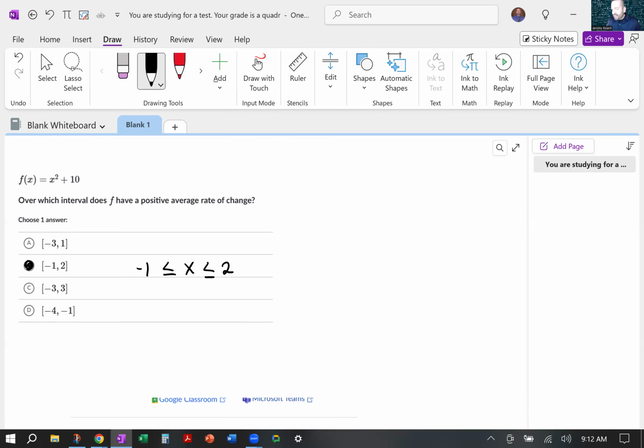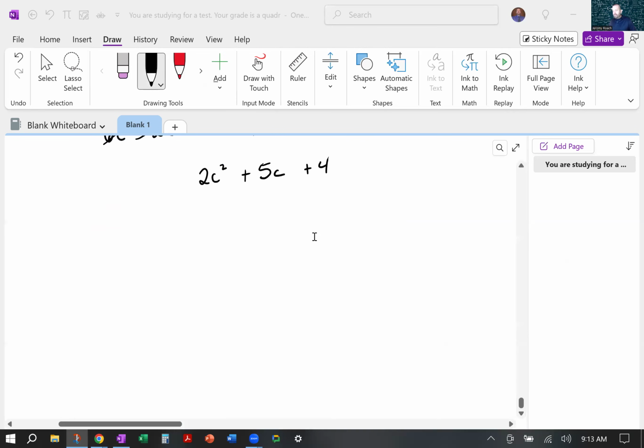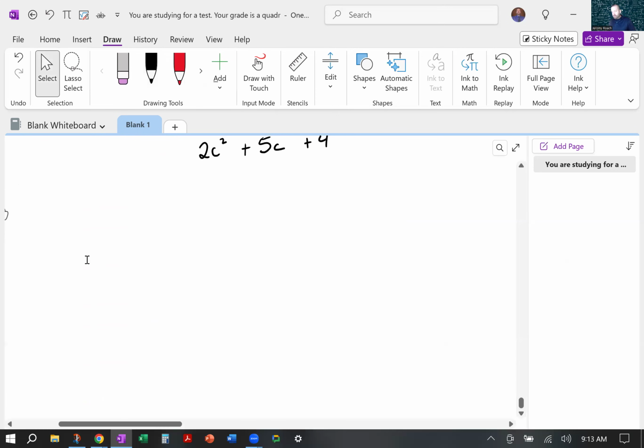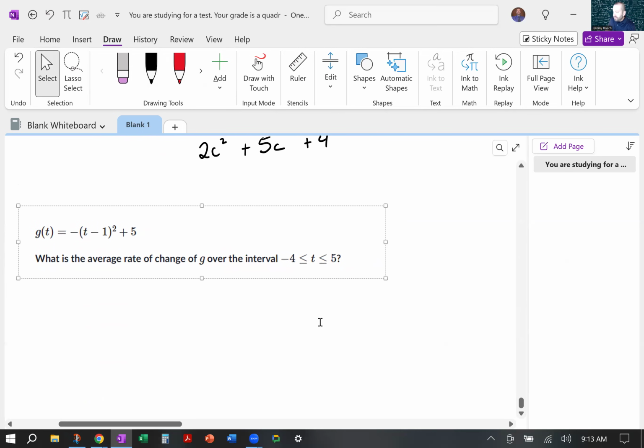Those are equal statements. This next problem doesn't say f of x, it uses g of t.